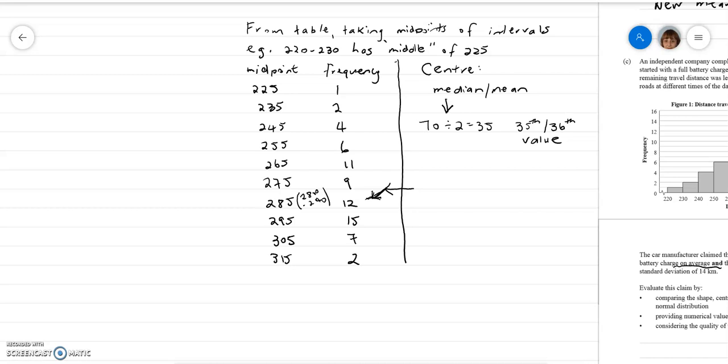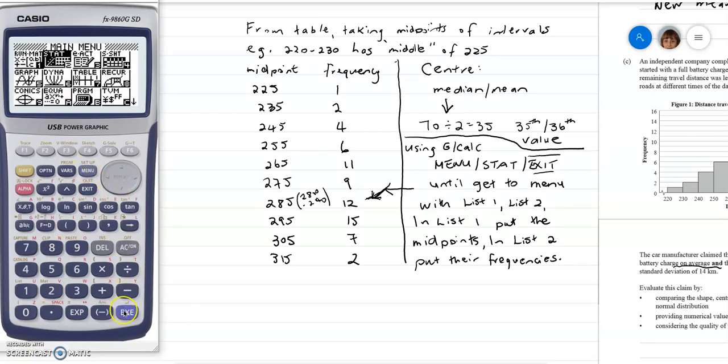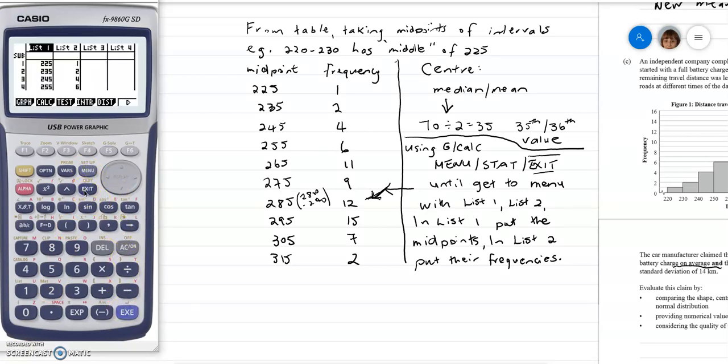Okay, so now we're going to calculate the mean as well, and we're going to use our graphic calculators. We're going to go menu, stat, exit until we get to the place where we've got list 1 and list 2. Then we enter the midpoints in list 1 and the frequencies in list 2. So here they are. Then we go calc, and we go set.